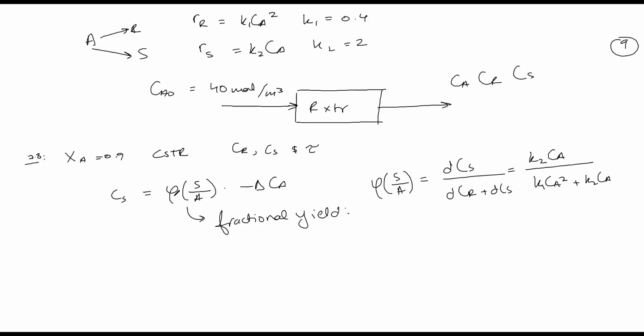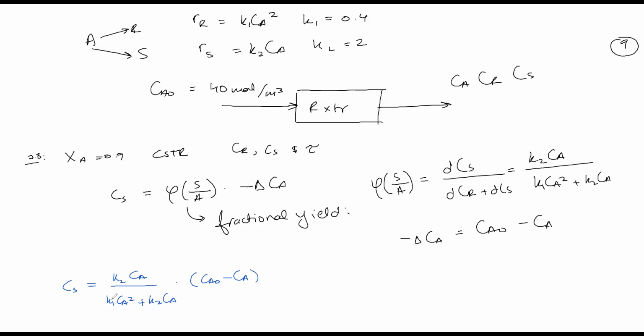So I have this expression, I'm going to plug it in here, and minus delta CA is just equal to CA naught minus CA. If I combine these two, I get CS equal to K2CA divided by K1CA squared plus K2CA, multiplied by CA naught minus CA.